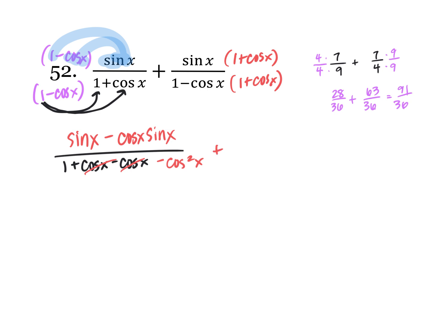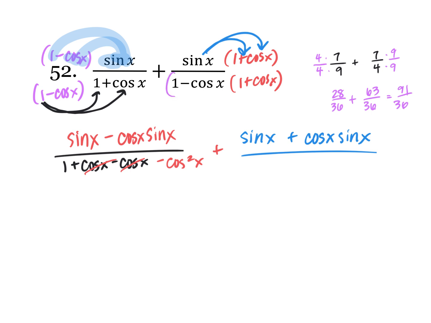Let's go do the same-ish thing over here. What's sine times 1 going to get me? Sine. And what about sine times cosine? Since I wrote cosine sine before, I'm going to stay consistent and say plus cosine sine, so it sticks out to me a little more. Okay, we're almost there.